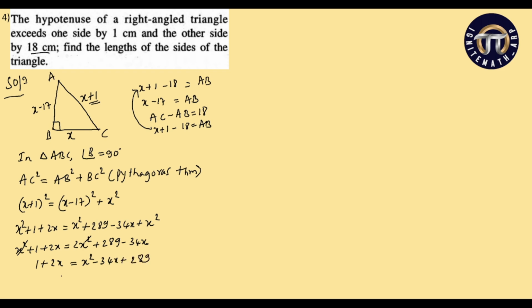When I bring it to the standard form, I keep the right hand side there itself and take the left hand side to the right hand side. So here I'm going to write x square minus 34x minus 2x, because this 2x from the left hand side is taken to the right hand side, then plus 289, then minus 1 is equal to 0.